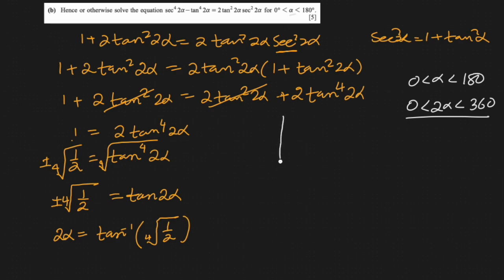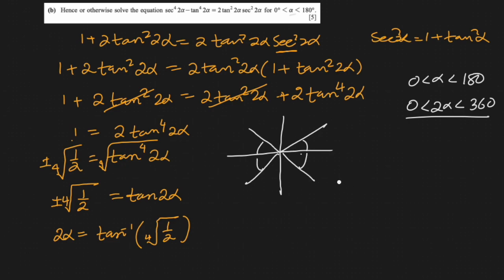So what we do, we will find them in quadrant. So the positive one will be in this quadrant and this quadrant from 0 to 360 degrees, and negative in this quadrant and this quadrant. All four quadrants will have an answer. So tan inverse positive 1/2 will give us these acute angles with the horizontal line, these four acute angles. So there is no need for negative, it has already given us quadrants.